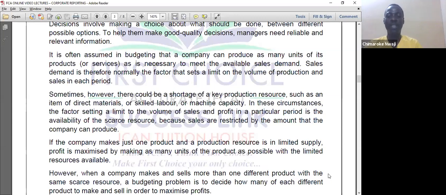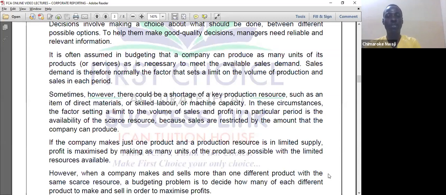Now, what if you are making two products, say bread and cake, and both of them are using flour? Your customers have ordered 1,000 loaves of bread and 1,000 pieces of cake, and you have bags of flour that are short.